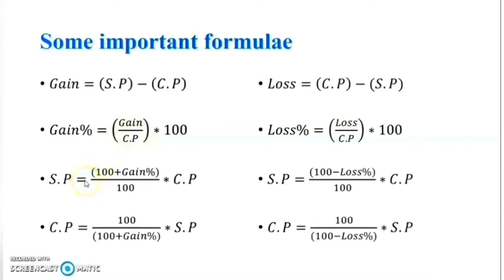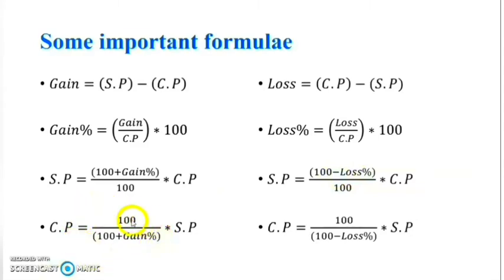Now looking at the third formula, SP will be equal to 100 plus gain percent upon 100 into CP, and SP will be equal to 100 minus loss percent upon 100 into CP. So you can observe here that if you remember this formula, it is easy to compare the other formula in terms of loss. The only difference here is that in place of plus there is a minus.